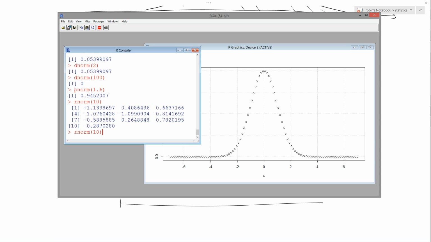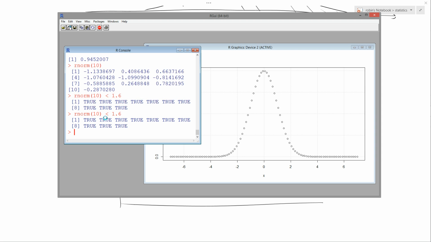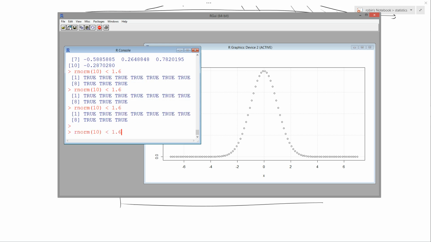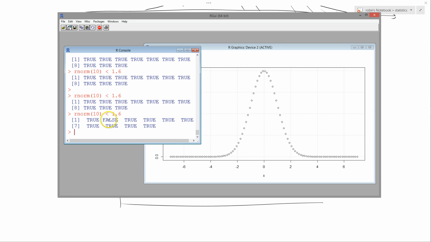And I'm going to ask which ones are less than 1.6. Some will be and some won't be. All these are less than 1.6, so they're all to the left of 1.6. Let's try again. They all are. Just a minute, there's one that isn't. You carry on doing it for a long time and eventually you find one that's bigger than 1.6.